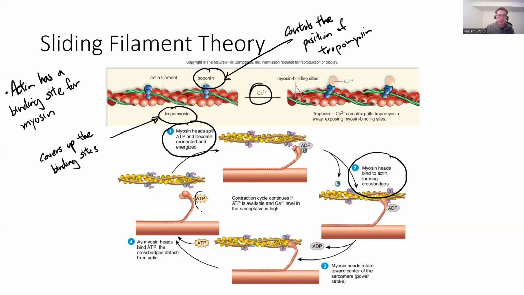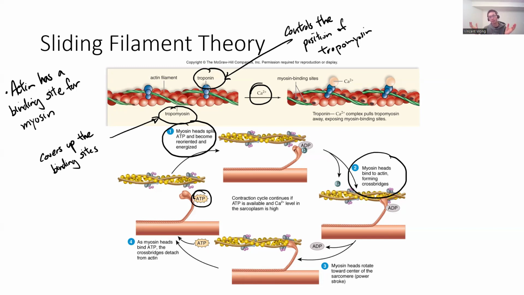And then the ATP will come and help detach. You don't really have to know the details here. All you have to know is that the myosin grabs onto the actin and pulls, and that creates contraction. But the process requires ATP. The ATP is there to help release the grab.